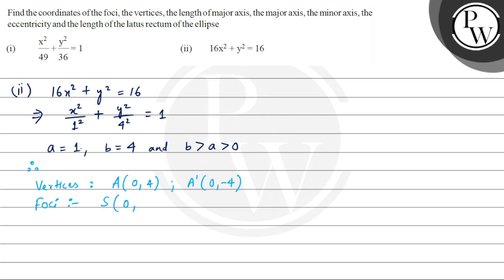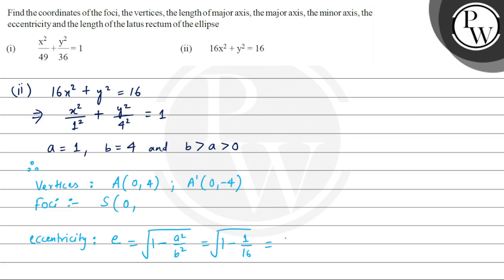Now calculating e, that is the eccentricity, so e will be equal to the square root of 1 minus a square upon b square, since a is less than b, right? So this will be equal to the square root of, now a is 1, so 1 square is 1, upon b square is 16.